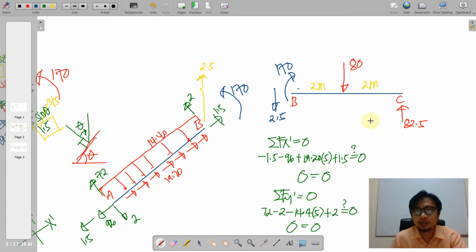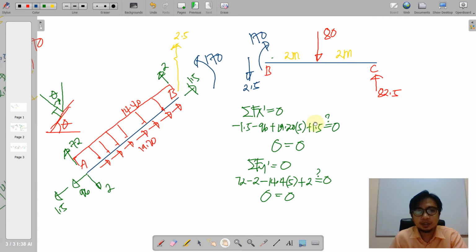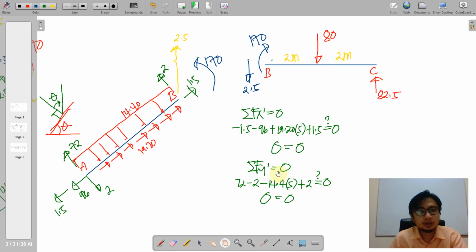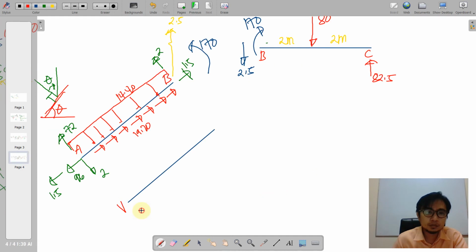So it is pretty obvious that we have balanced forces along the member BC. This load diagram is now ready for us to determine the shear and moment diagram.